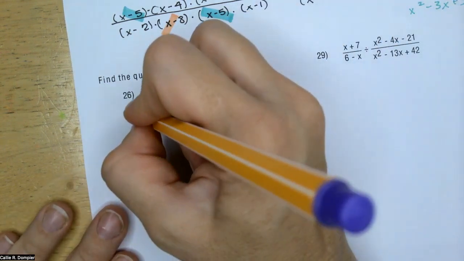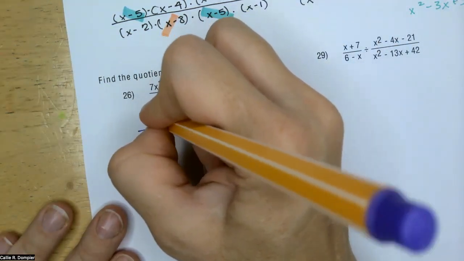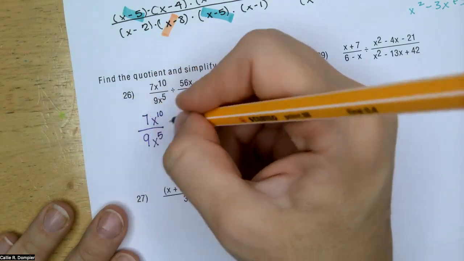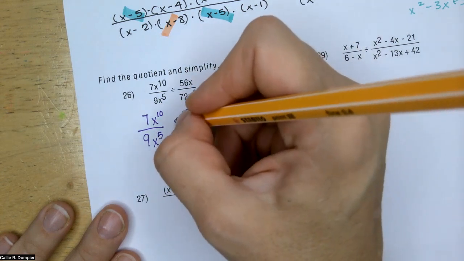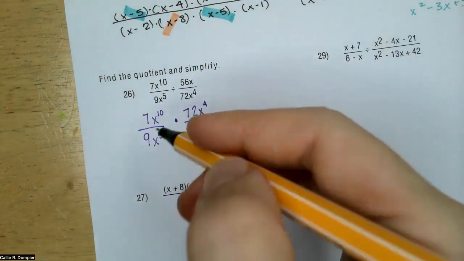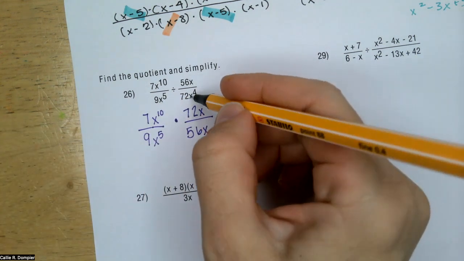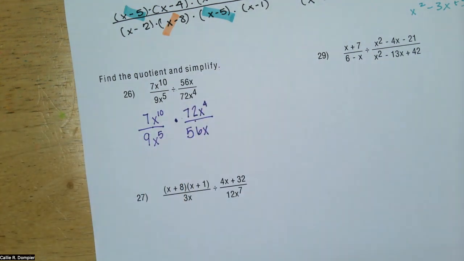That's why we did it. 7x to the 10th, 9x to the 5th. So we keep the first term, flip the second term, change the sign. KFC. Keep, flip, change. Good. All right.